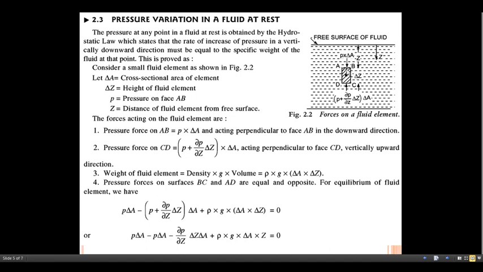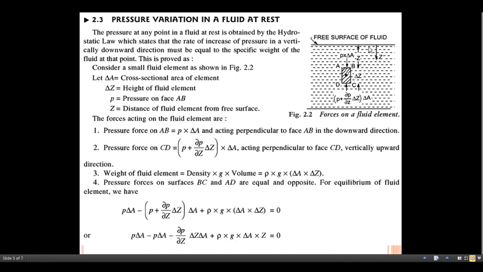Let delta A equal the cross-section area of the element, delta Z indicate the height of the fluid element, P indicate the pressure on the face AB, and Z indicate the distance of the fluid element from the free surface.